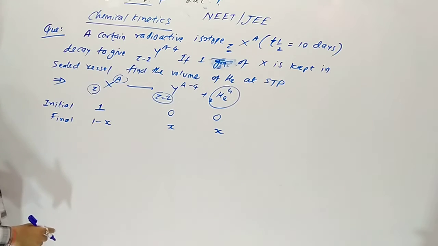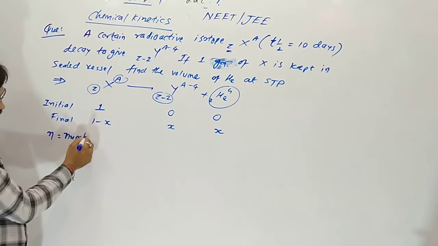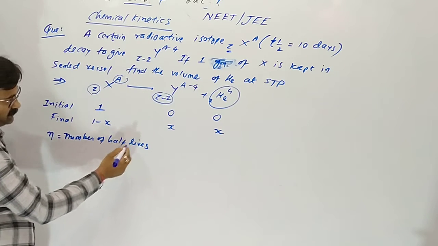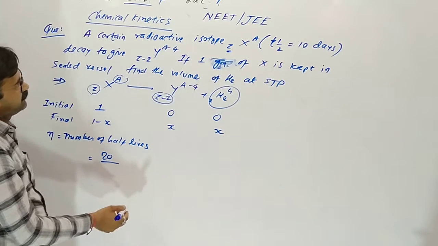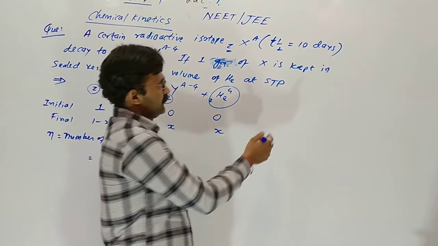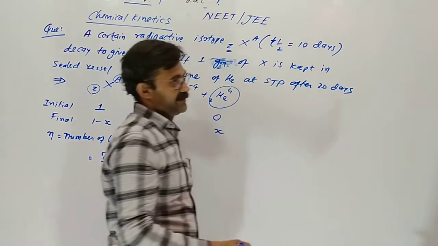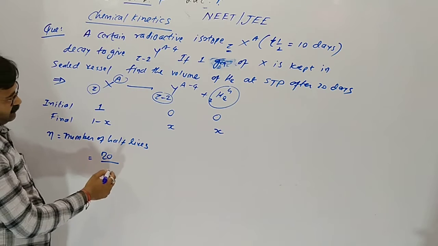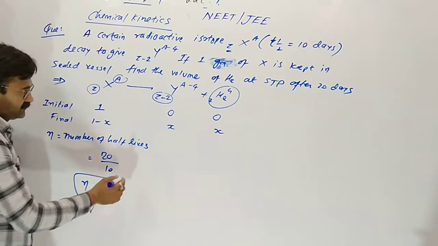Now the number of half lives n. So 20 days at STP after 20 days. So 20 divided by 10, so the half life time is 2 times. Why?